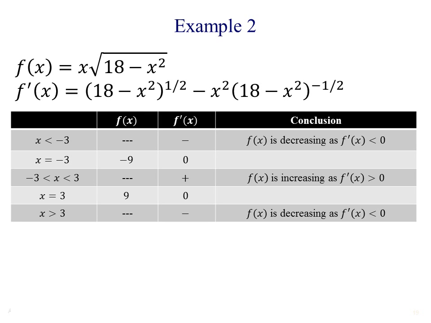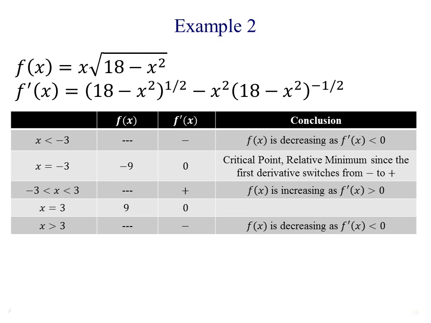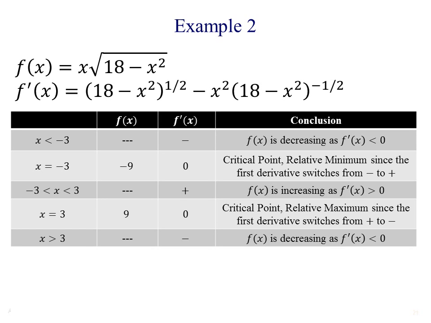This indicates that the function is increasing. The first critical point, x equals -3, is a relative minimum since the first derivative switches signs from negative to positive. The second critical point, at x equals 3, is classified as a relative maximum since the first derivative switches from positive to negative.